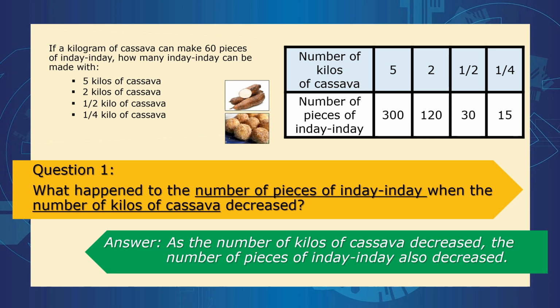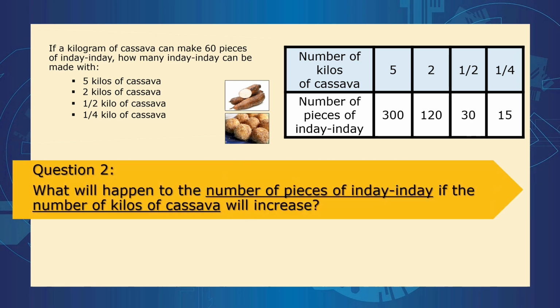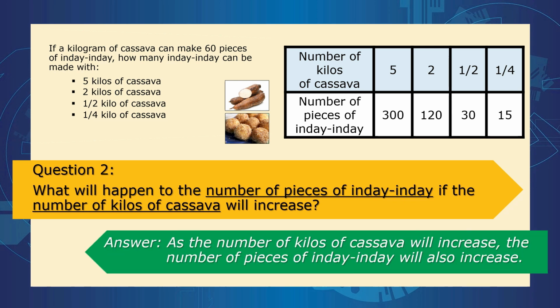Next, question number 2. What will happen to the number of pieces of inday-inday if the number of kilos of cassava will increase? Awesome, you got it right. As the number of kilos of cassava will increase, the number of pieces of inday-inday will also increase.